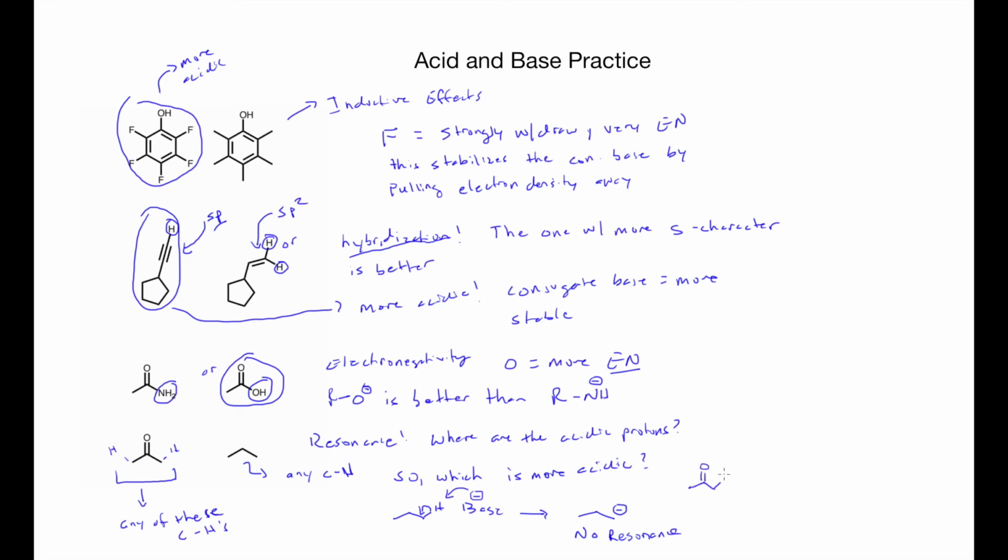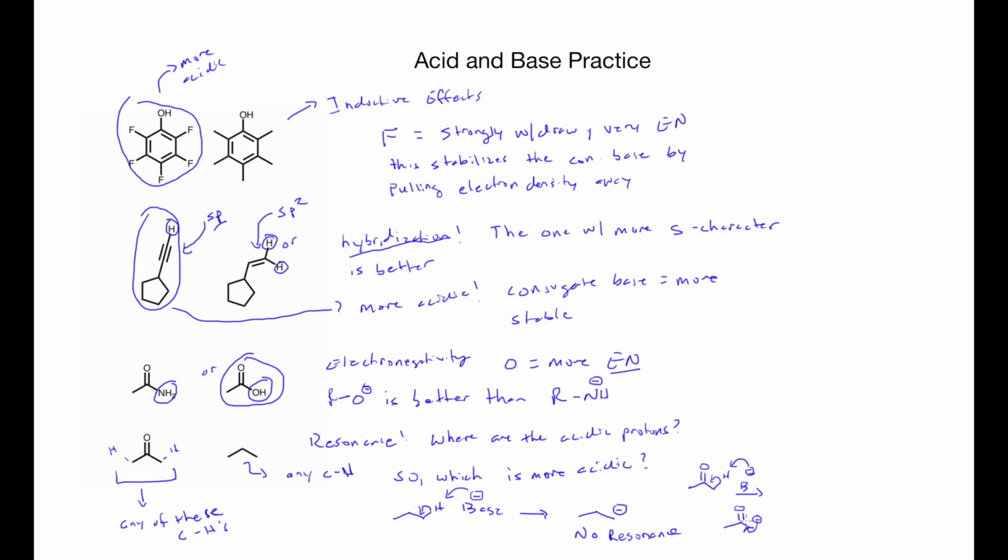However, if I draw this one and I do the same thing, and again, I'm coming to the end of this screen that I'm writing on, so I'm going to put it underneath. What you see is that I now have a negative charge, but there's a pi system right adjacent to that.